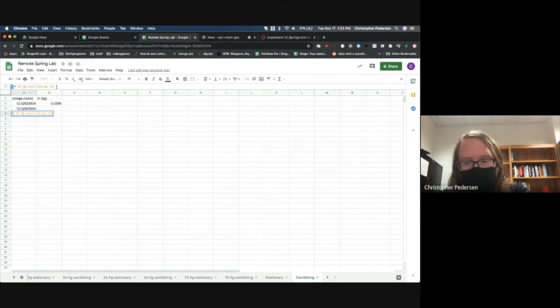We can just type these in. 1. 1. And drag these down. 1. 1. 1 and 1. And so then, again, we want to change the sheet so it's the one for the appropriate mass. Oh, why did I do 4 twice?